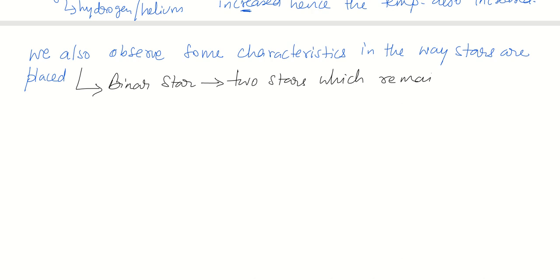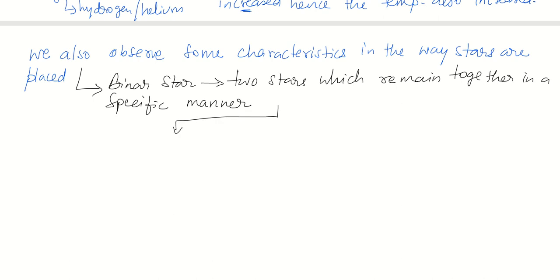remain together in a specific manner. What is the specific manner now? There are two aspects of this. One can be these two stars, they move, one is here, star, and one is here, okay?